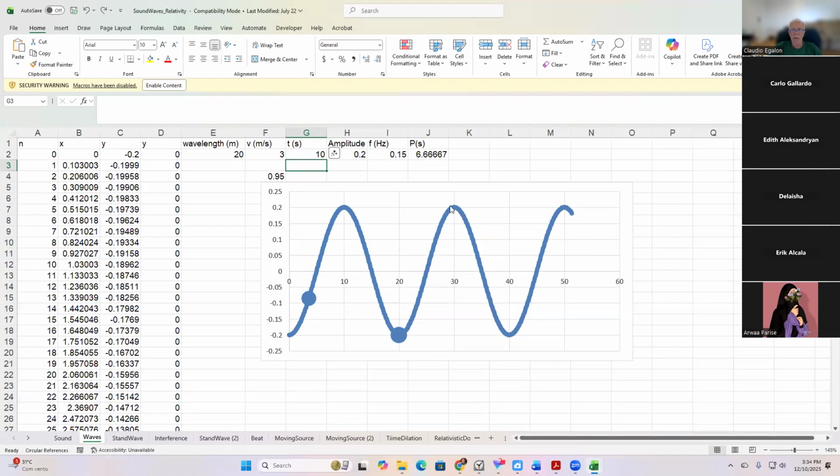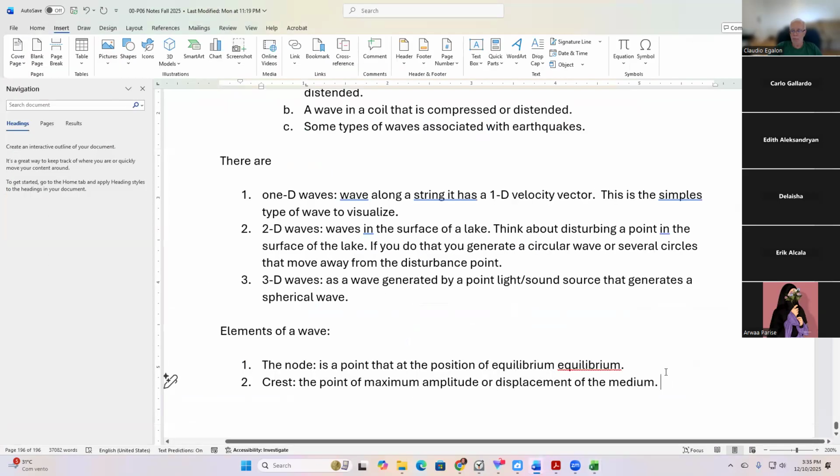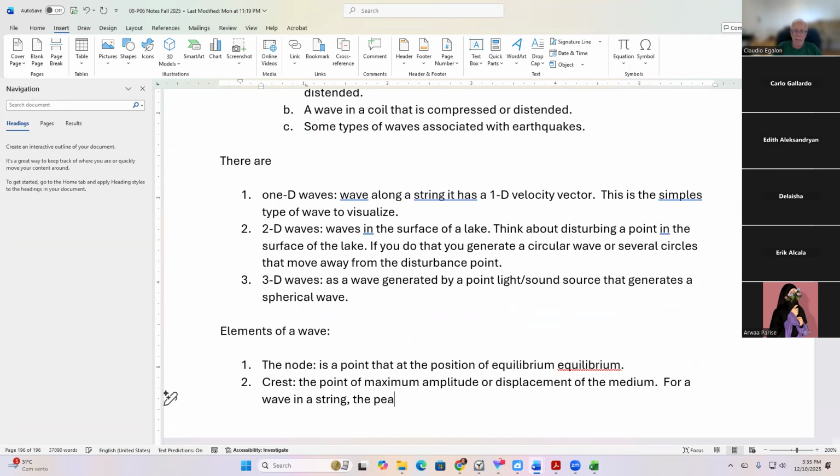Here's a crest of my wave. In the case of the sound wave, the crest of the wave is this position here of maximum pressure. For a wave in a string, the peak position is the crest.